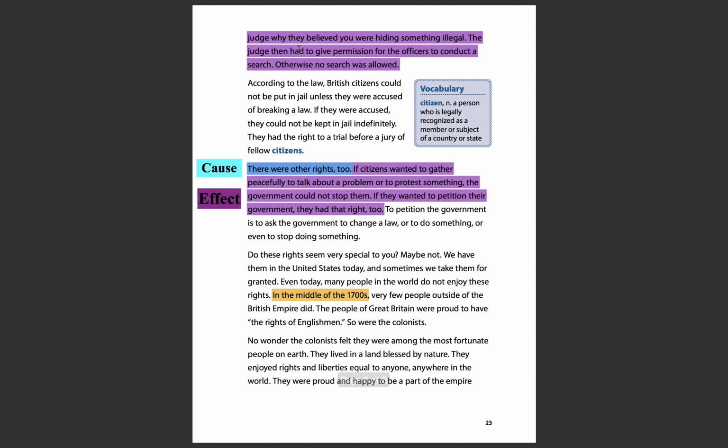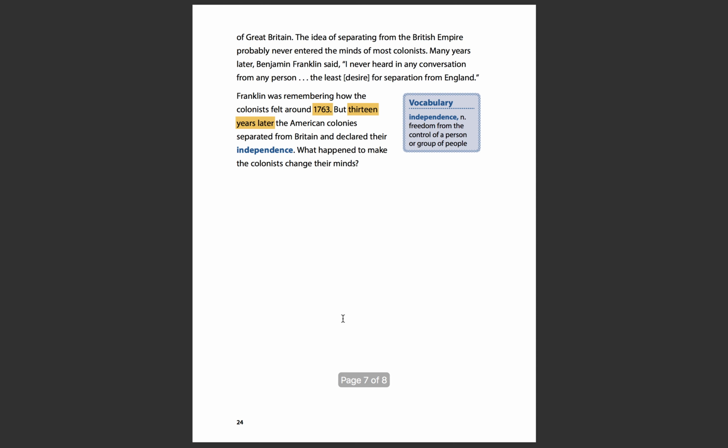I read a little bit more. There are more rights that were protected in Great Britain, the cause and the effect. These were those rights. Then wait a minute, it jumps back to chronological and ends with chronological. So you're noticing how within one chapter, there were different kinds of text structures. Maybe the whole chapter is structured one way. Maybe it's not. This is a hard task, especially with these texts that are very hard.